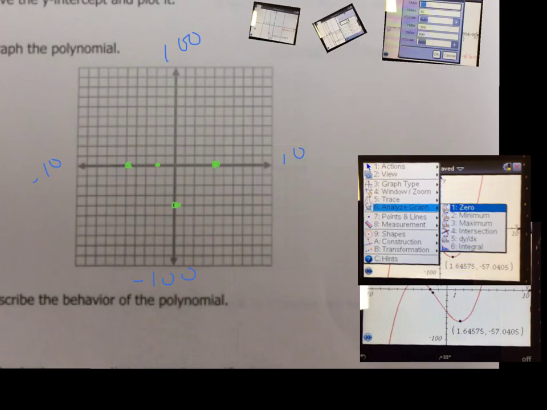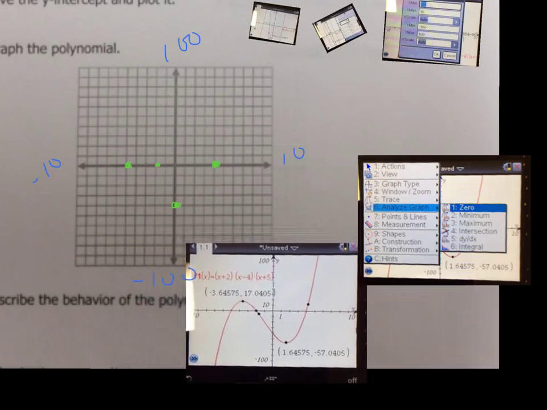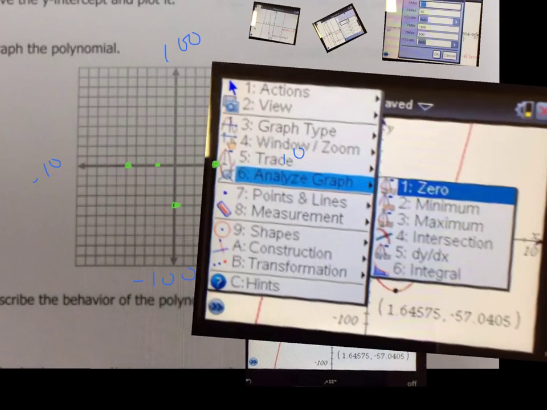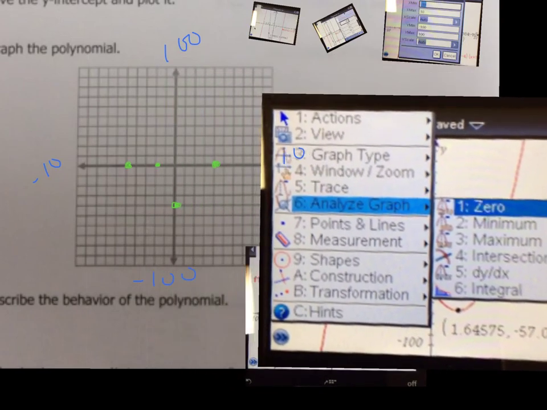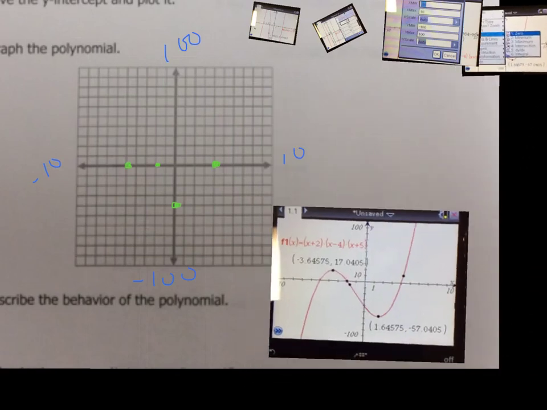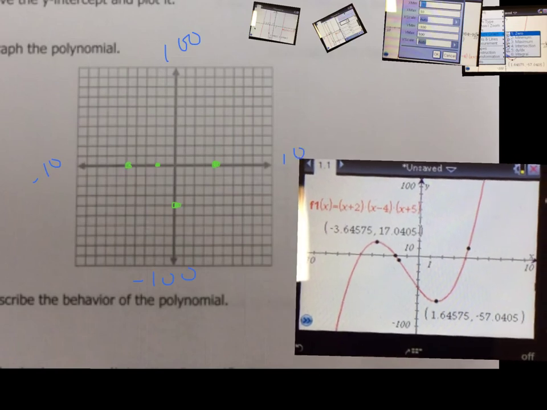Okay, but now in order to find my critical points, I'm going to analyze graph and not find the zero, but I went down and I found maximum and minimum. So after I did that, this is what I got in the end. So here are my critical points. I have a relative maximum and a relative minimum.